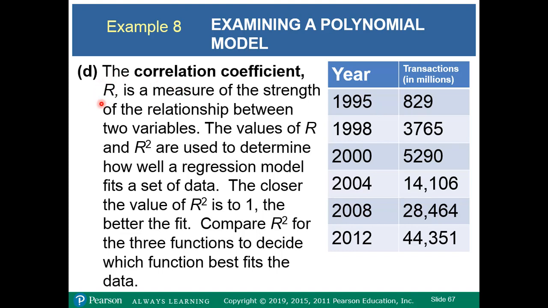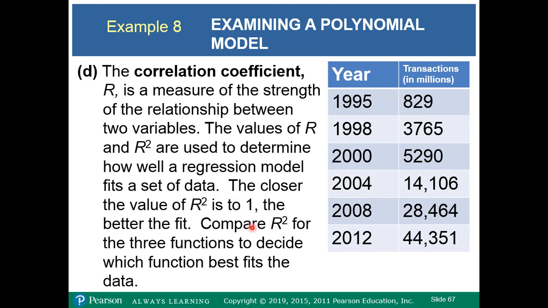It measures the strength of the relationship between the two variables. R and R squared are both used to determine how well our regression model fits the set of data. If R squared is 1, that means it's a perfect fit. So the closer to 1 R squared is, the better the fit.